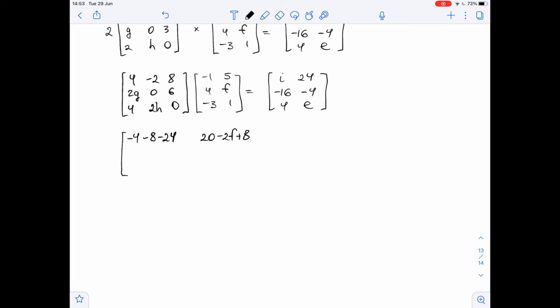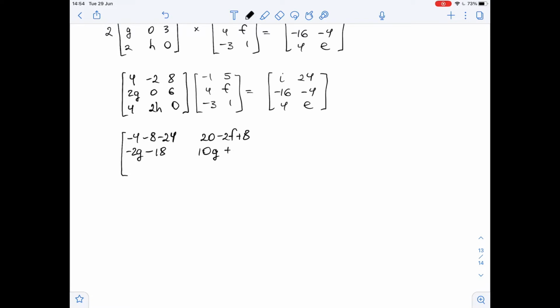In the next row, we have 2g times -1, plus 0 times 4, plus 6 times -3. Next, 2g times 5, plus 0 times f, plus 6 times 1.